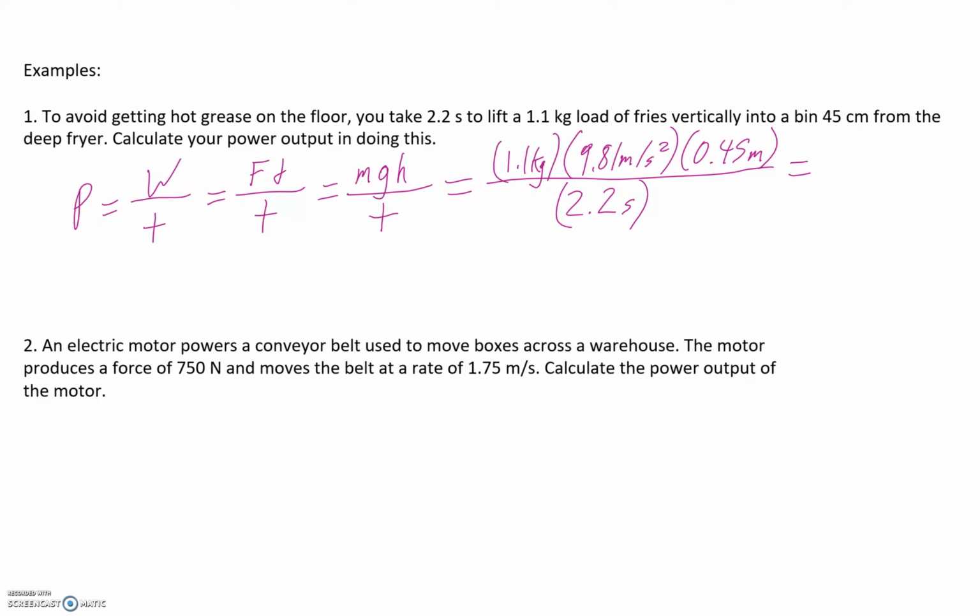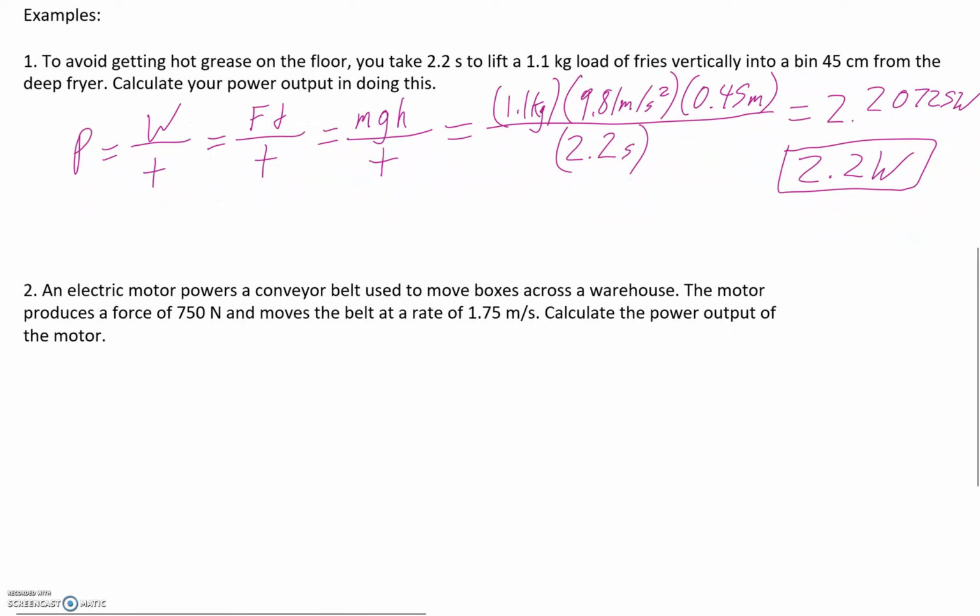I'm just plugging this into my calculator. And assuming I did it right, 2.20725 watts. So with 2 sig digs, 2.2 watts of power during this lifting process. That's pretty good. Lots of power going on.